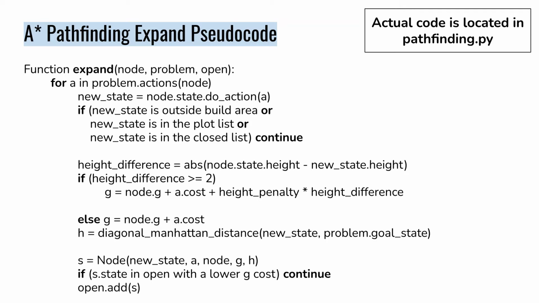Then we calculate the height difference between the parent and child node. If it is greater than or equal to 2, we add a height penalty multiplied by the difference. Otherwise, we use the normal g-cost. Then we calculate our heuristic, create the new node, and add it to the open list if it is not already in there with a lower G cost.